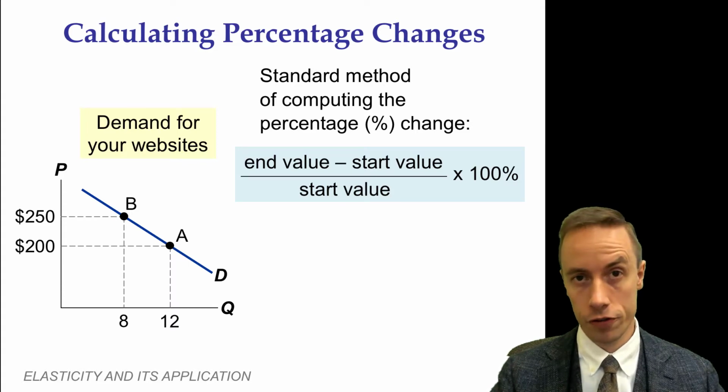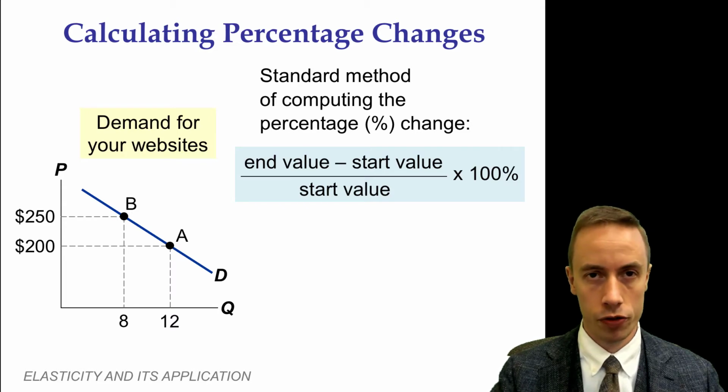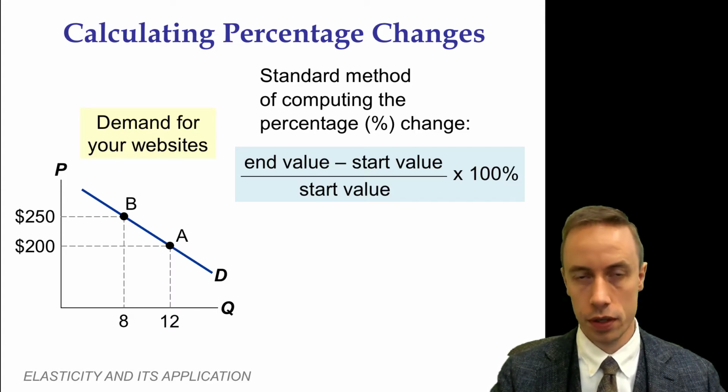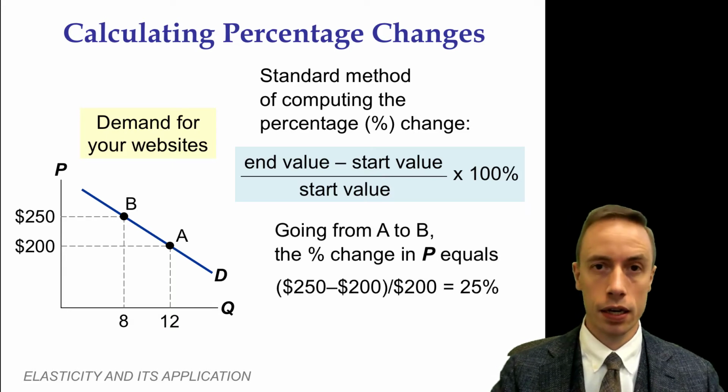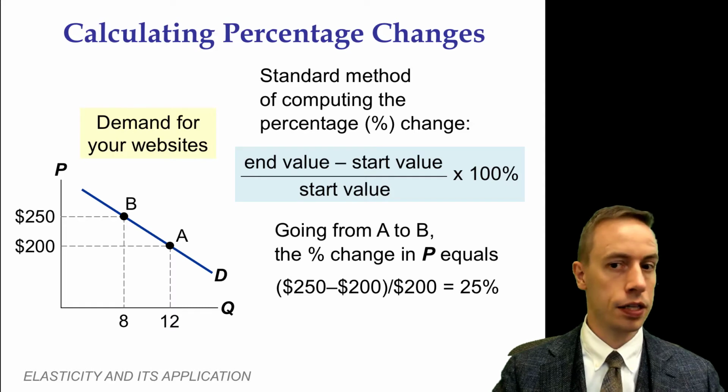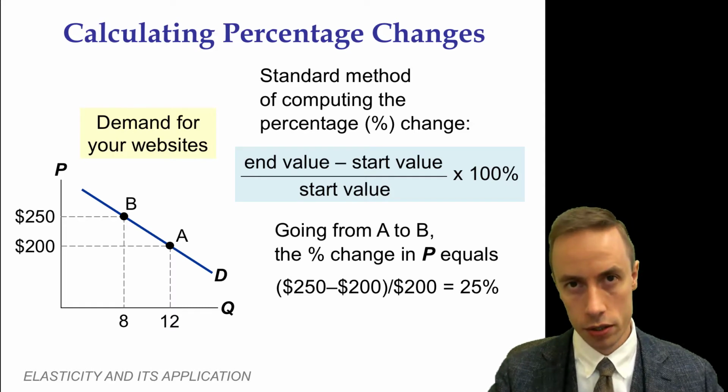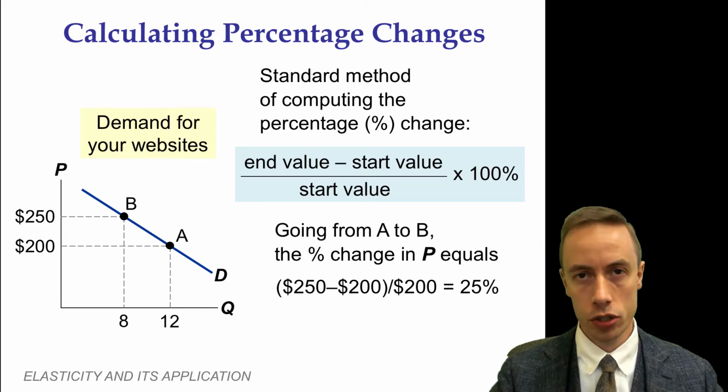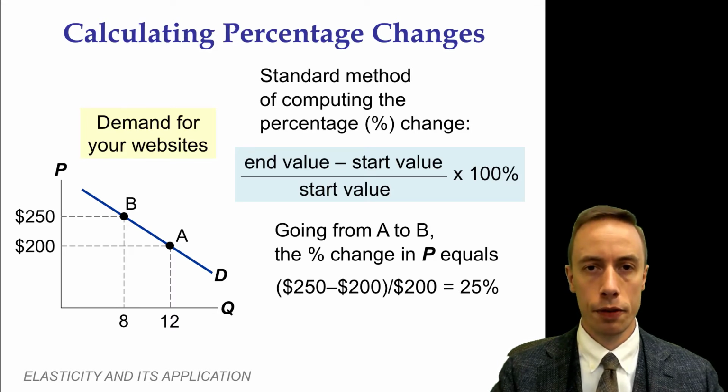So 250 minus 200, the numerator of this fraction, is $50. That's the change. The denominator of the fraction is the start value. That was 200. In other words, taking $50 and dividing it by $200 and converting to a percentage, you would say that the price of the website has increased 25%.